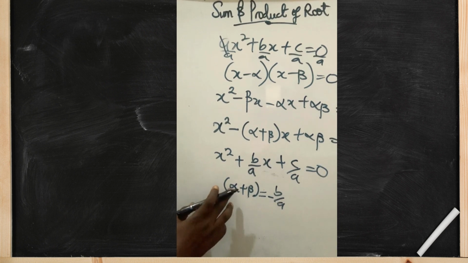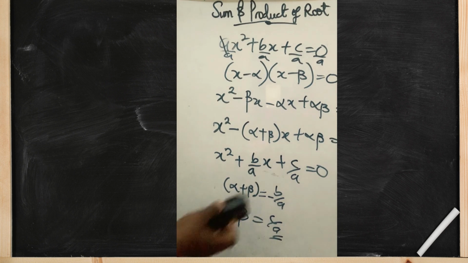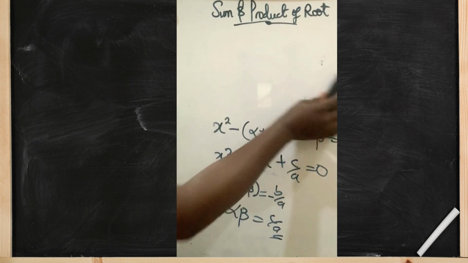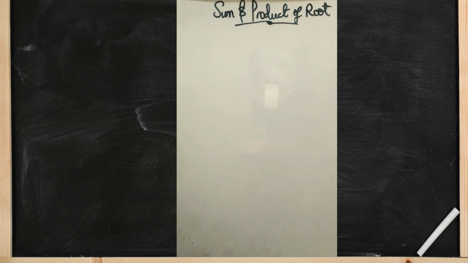So that's how we arrive at alpha plus beta equals minus b over a. And this, you can also relate to this to become alpha beta equals c over a. Thank you for listening, and try as much as possible to lay your hands on questions relating to sum and product of roots of quadratic equations.